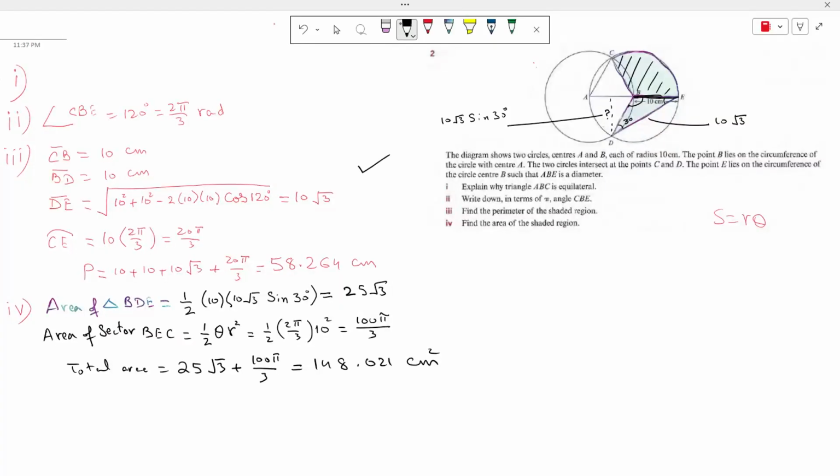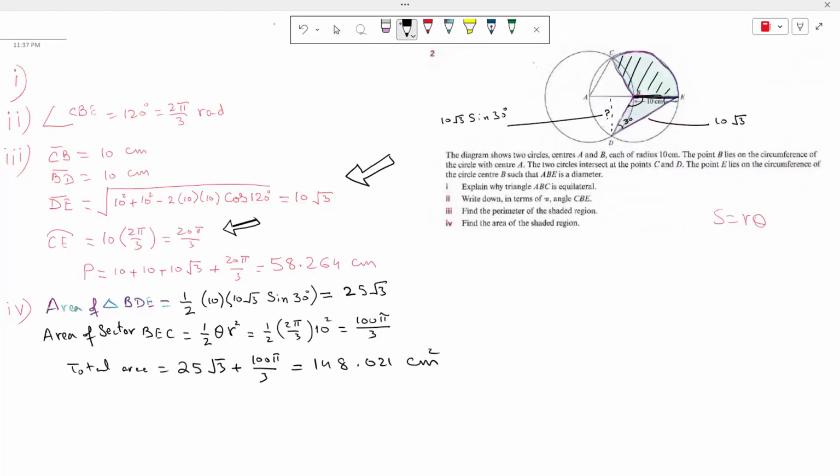So what things do we need here? We need to know the law of cosines, which we applied here. We need to know the arc length formula. Similarly, to find the area of the triangle, we need to know how to find the height if you know this angle and this distance: it is r times sine theta.